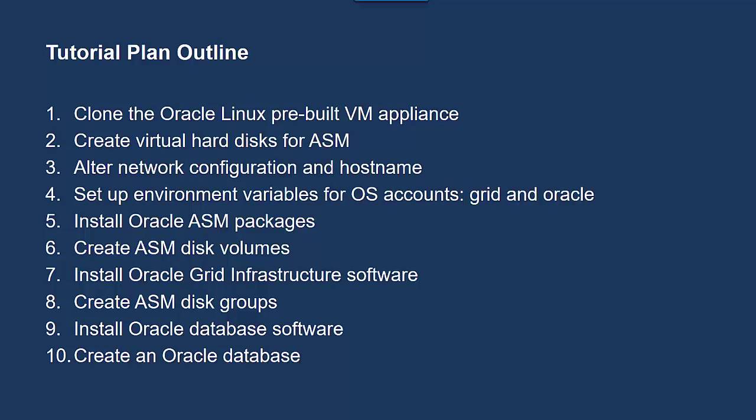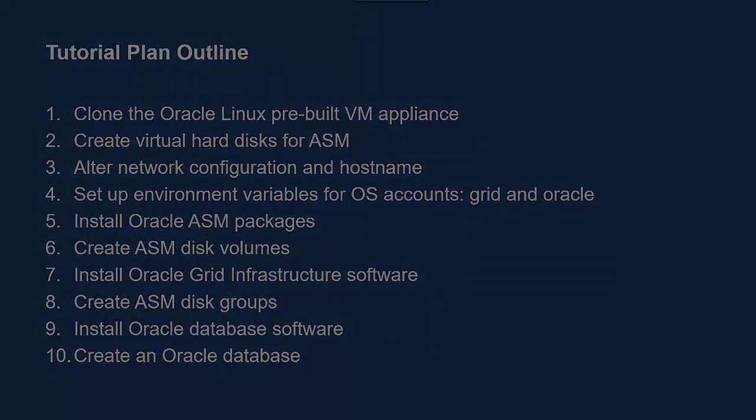In the 5th stage, we're going to install ASM packages. Then we will create ASM disk volumes. After that, we're going to install Oracle Grid Infrastructure software. Then we will create ASM disk groups. Then we will install Oracle Database software. And finally, we will do the target of this tutorial, which is to install Oracle Database. So let's get started.